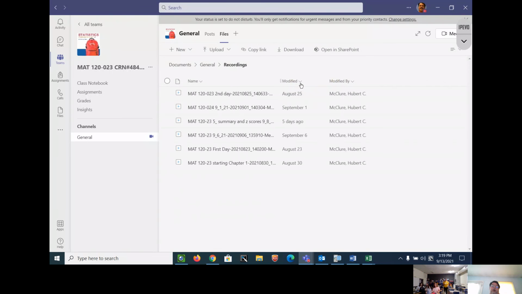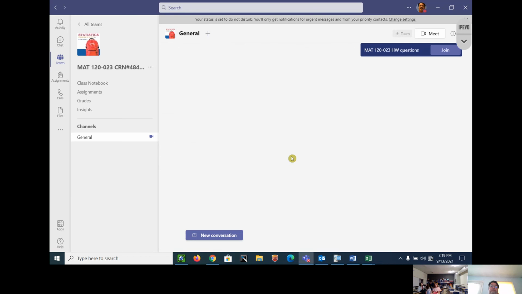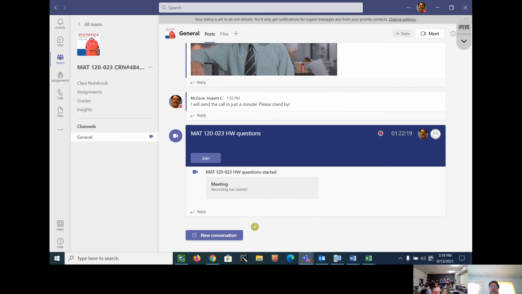It'll be on this page right here, and it'll say Tuesday, Thursday, Unit 1 pretest.